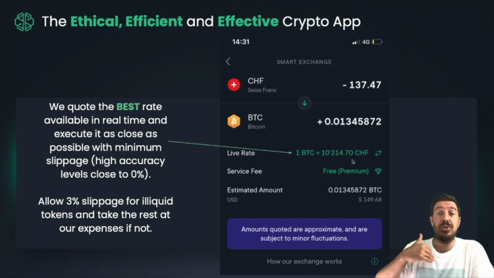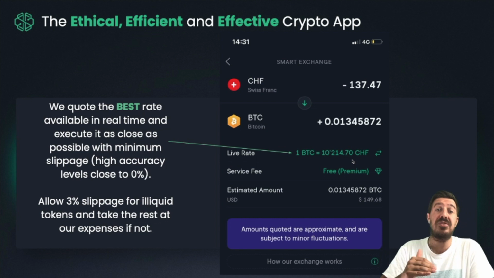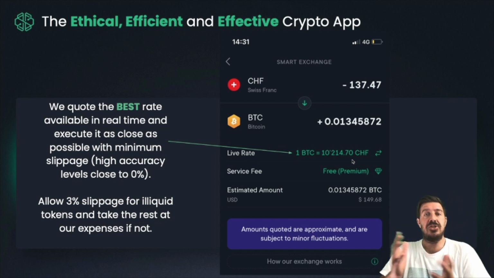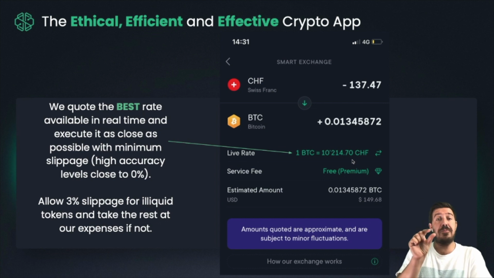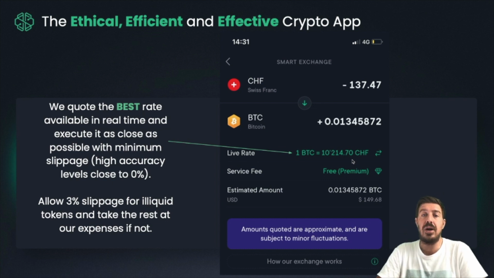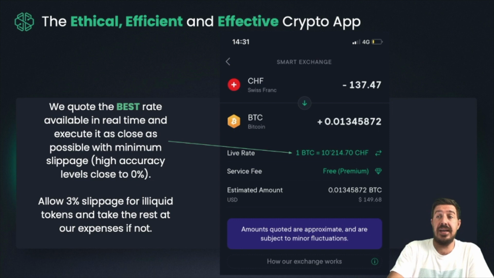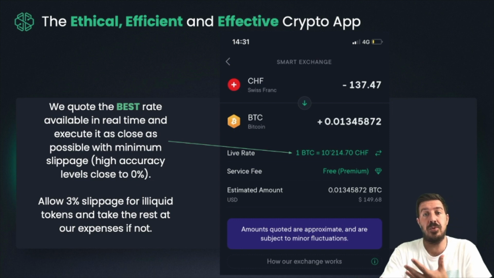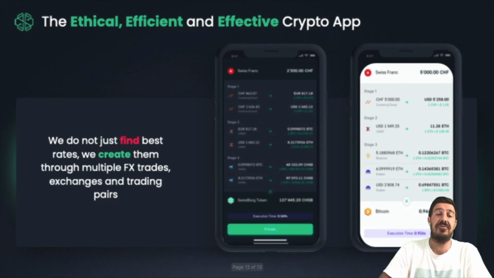The other day, I sold crypto assets at 10% from the actual market rate, just due to the lack of liquidity, 10%. So we allow 3% for the less liquid assets, and whatever goes over 3%, it's under the expenses of SwissBorg. That's how ethical we are, that's how transparent we are, and that's why you need to trust SwissBorg, but always test for yourself.